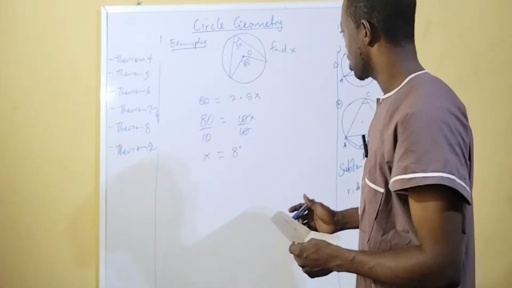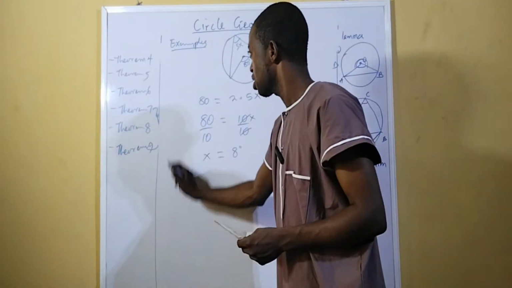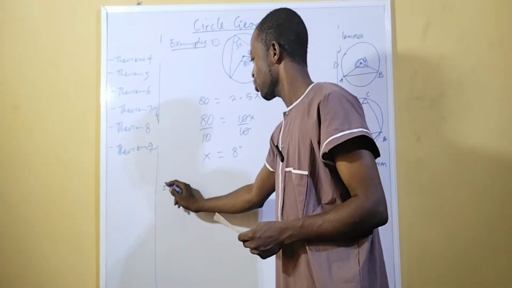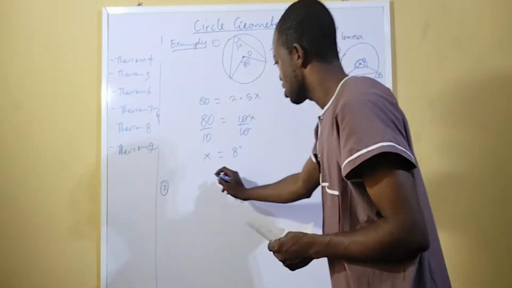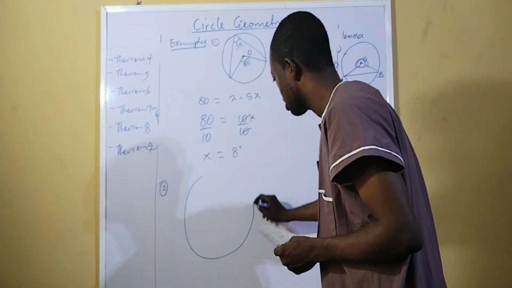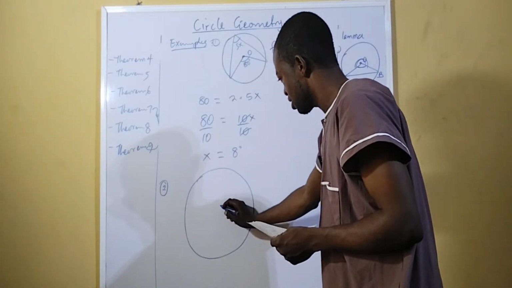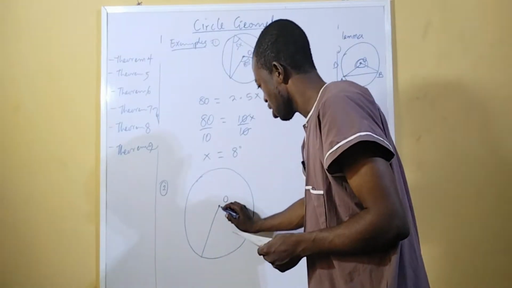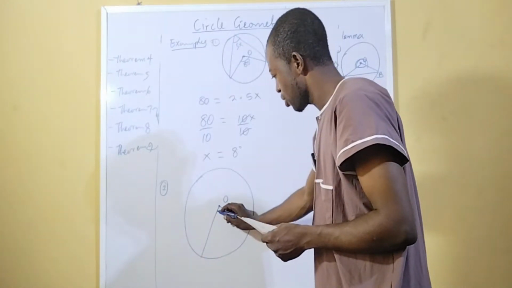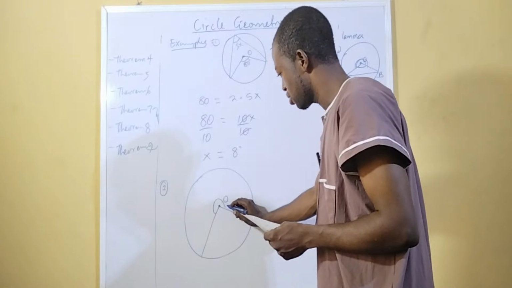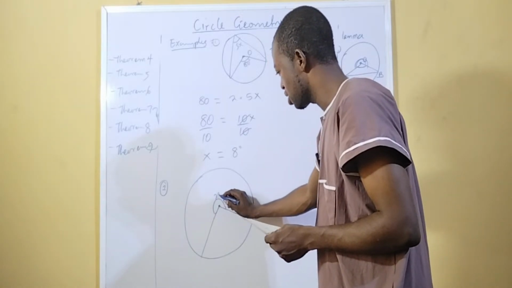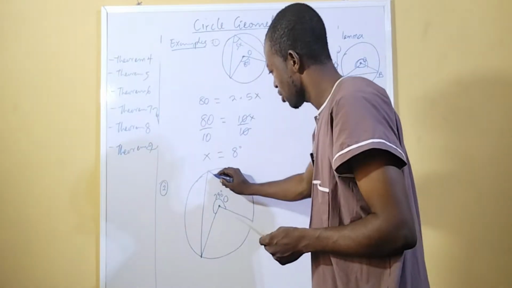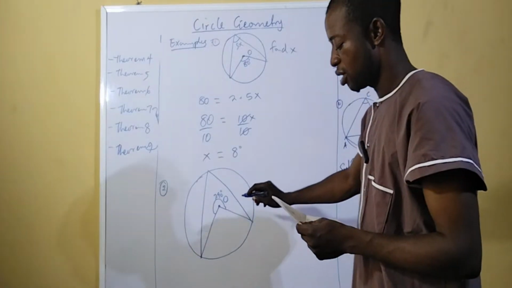Then also, let's look at example 2. The same way where we have this circle, this center O of the circle, and we have this angle at the center, which is reflex here. This is 290 degrees. And we have this angle at the circumference here.